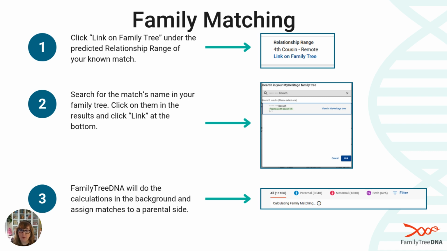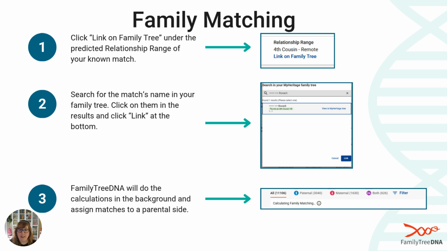As you're confirming who your most recent common ancestor with your previously unknown matches is, you'll want to continue building out your family tree to include them and then link them on your tree for family matching like we covered in part 1. This will assign more matches to your paternal and/or maternal sides, helping you to continue to identify more matches. If a new match is assigned to this side, it's going to share the same common ancestral line as one of the matches that you have previously linked.